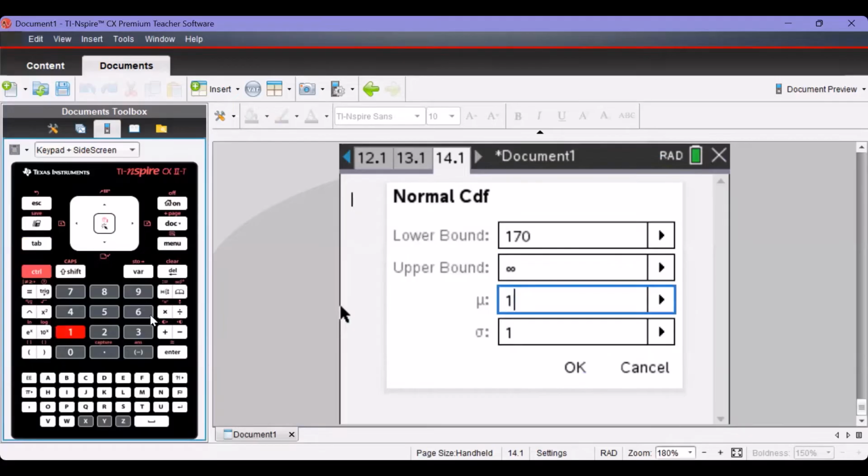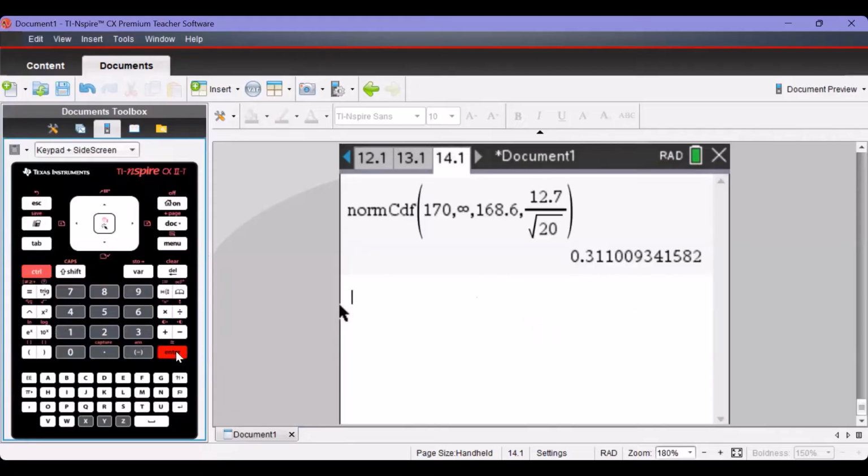The mean is 168.6, and press tab, and the standard deviation is 12.7 divided by the square root of the sample size, which is 20. Press tab to highlight OK, and then press enter.